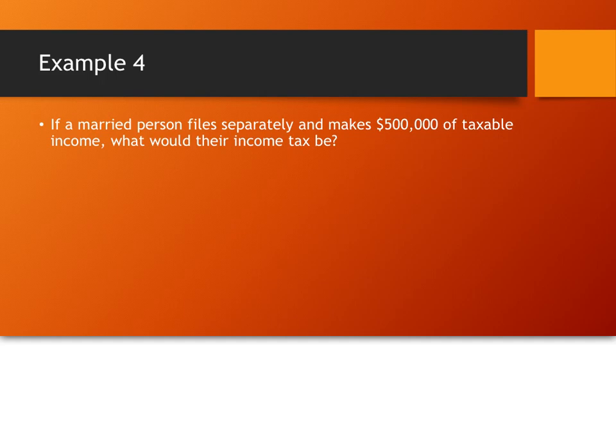Now, what you should have noticed about married filing separately is that the top amounts do differ, okay? So what we have to do is calculate the difference between 500,000 and, when we were single, it was 400,000 and something. But now while we're married, it is $228,800.